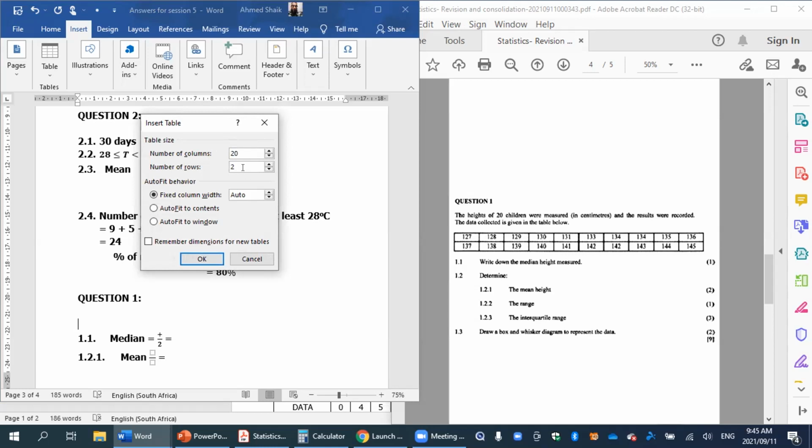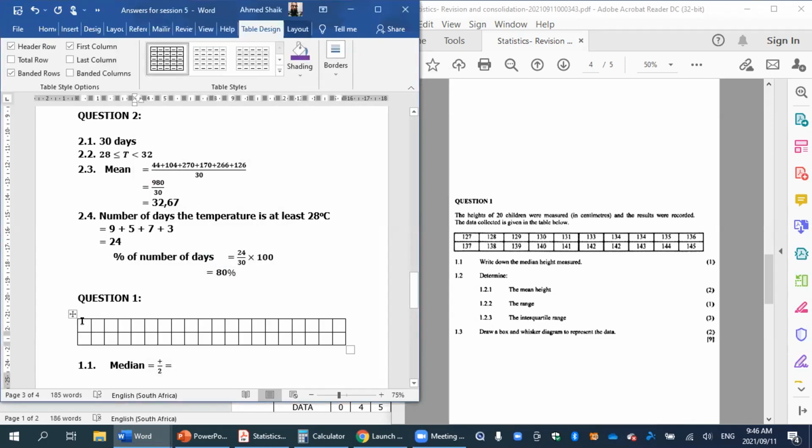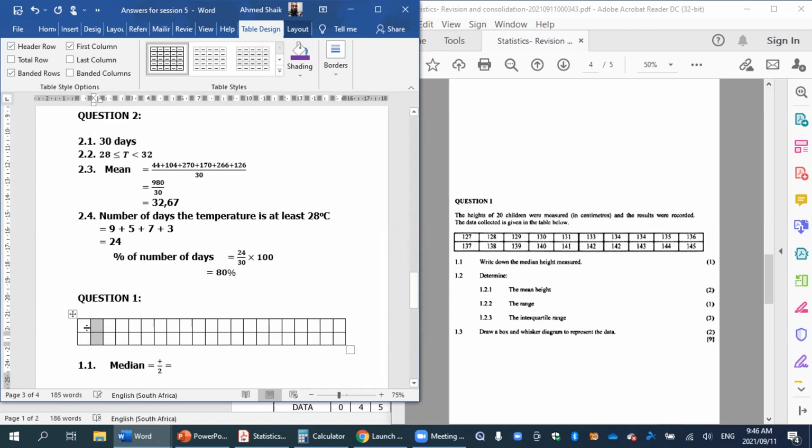So we've got 20 columns and 2 rows. Okay, so that's our position, and these would be our data values.